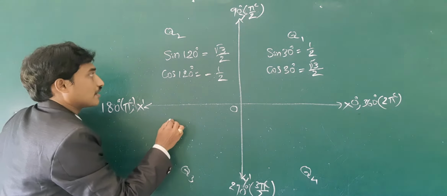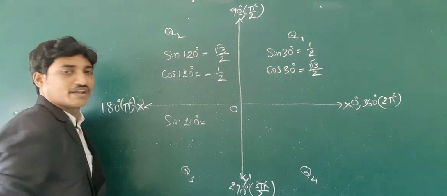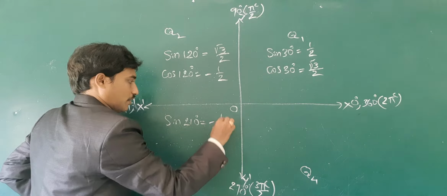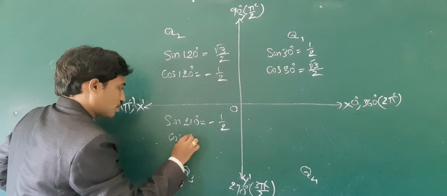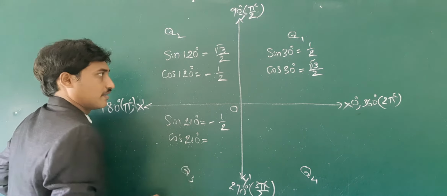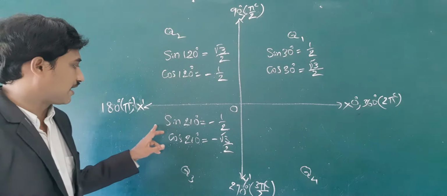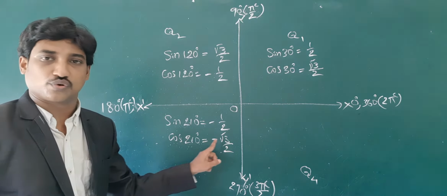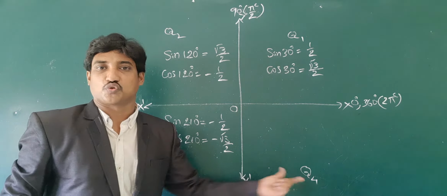Next, sin 210 degree. Sin 210 degree is minus 1 by 2. Cos 210 degree is minus root 3 by 2. Here sin 210 is negative, cos 210 also negative. Let us come to the fourth quadrant.